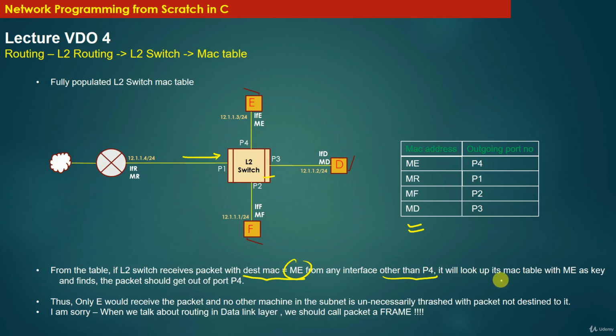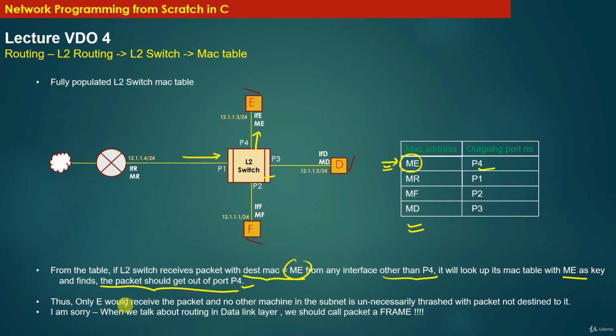It will look up its MAC table with ME as a key. With ME as a key, this is the matching entry in the MAC address table. Therefore from this entry the L2 switch knows that it has to forward the frame out of port number P4. So the frame will go out of port P4 because of this matching entry.